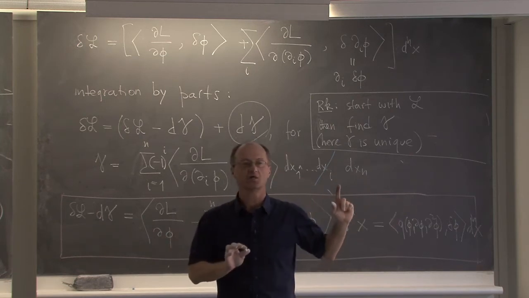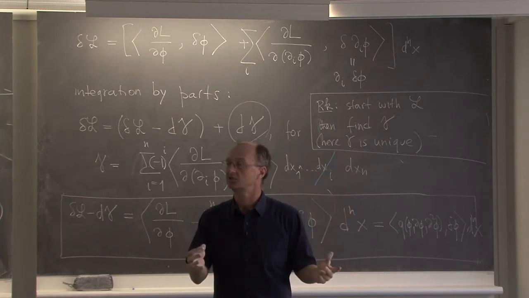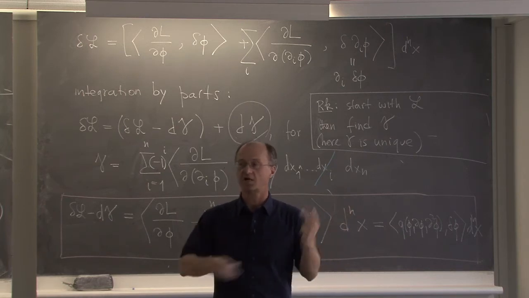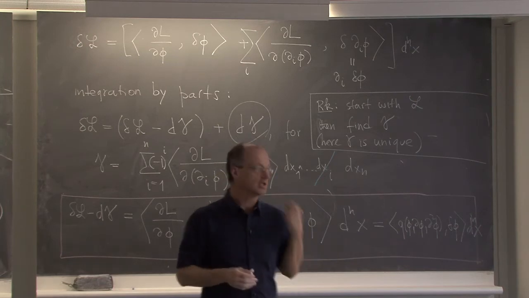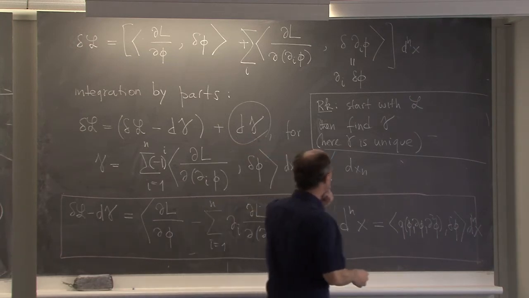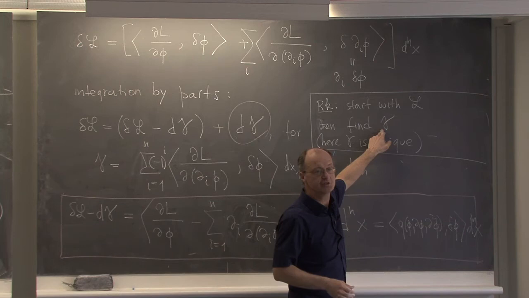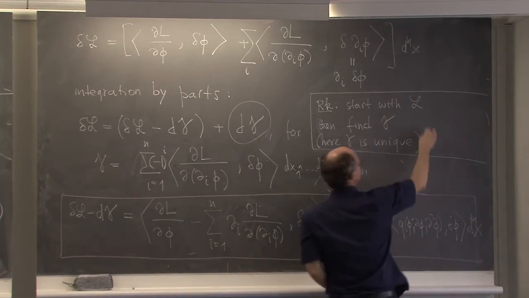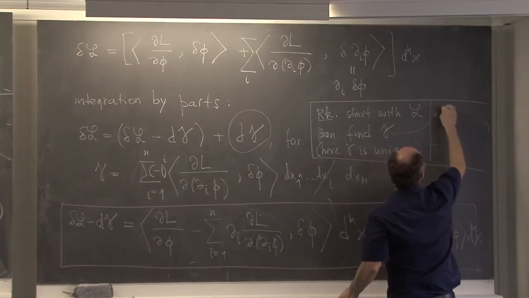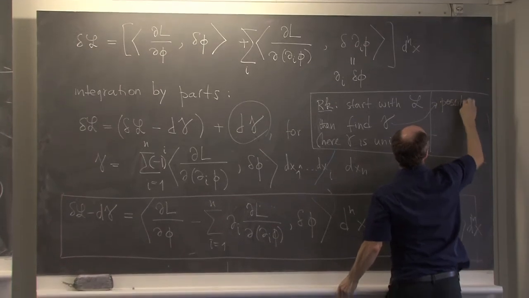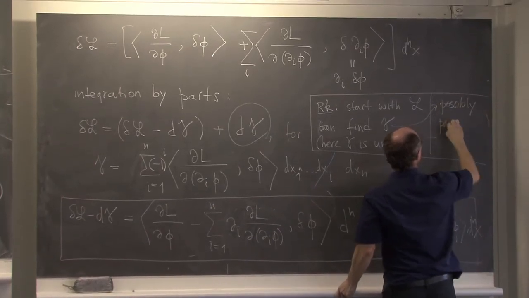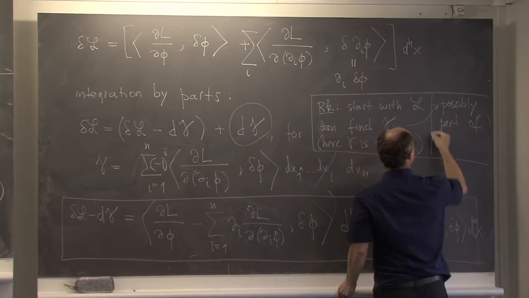So gamma is a kind of hidden part of the definition. Actually, our definition perhaps in a more abstract context wouldn't fly if we didn't choose the gamma. So possibly it is part of the definition.